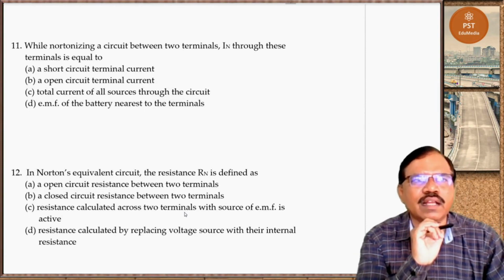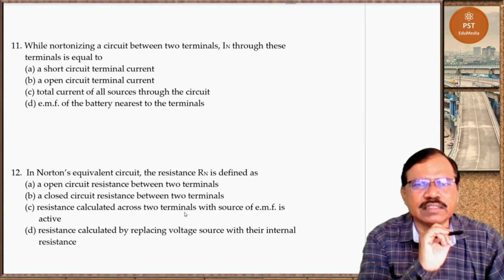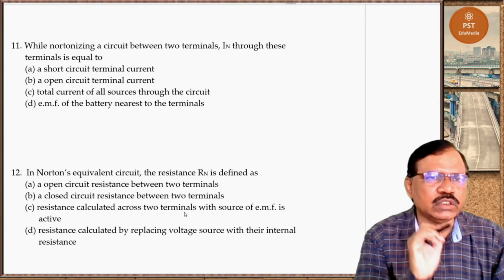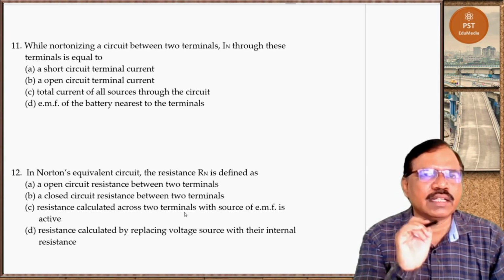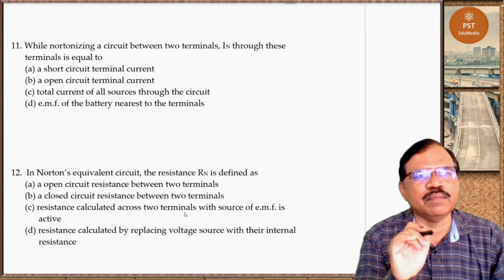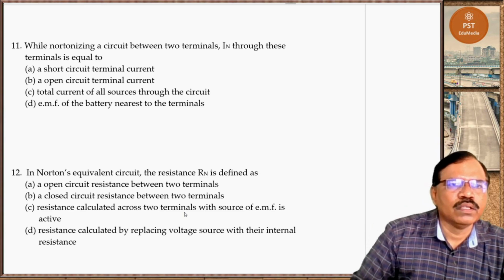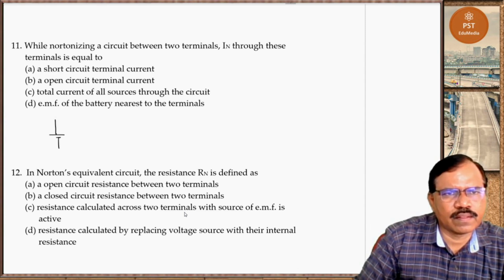While Nortonizing a circuit between two terminals, IN through these terminals is equal to the short circuit terminal current. So here, suppose we have a network like this.